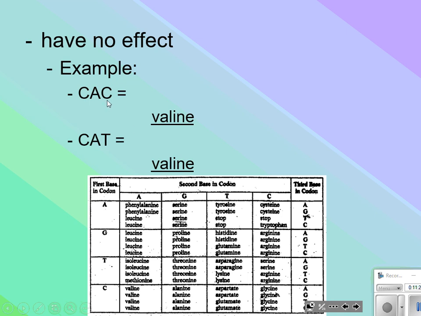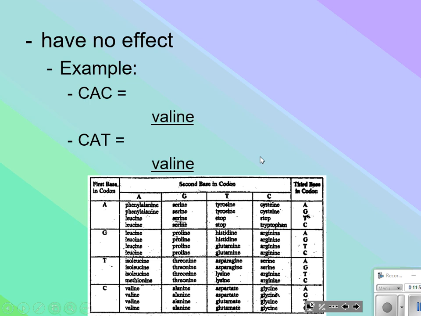Yeah, we changed from C to T. But it still read for the same amino acid, didn't it? So are the amino acids there changed? No. Would the protein be changed? No. So was there a mutation? Yes, there was. However, it's still coded for the same amino acid.